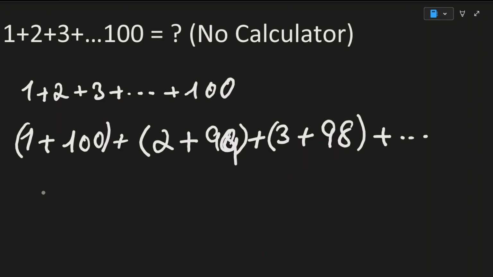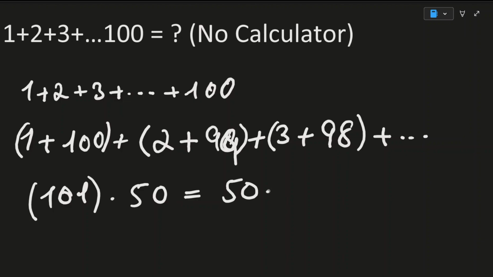In this way we will get in total 50 pairs of 101, each summing up to 101. So we can multiply 50 by 101, that is 5050.